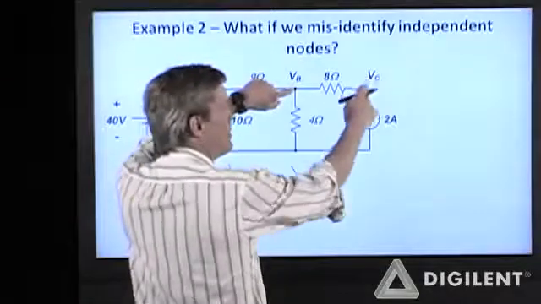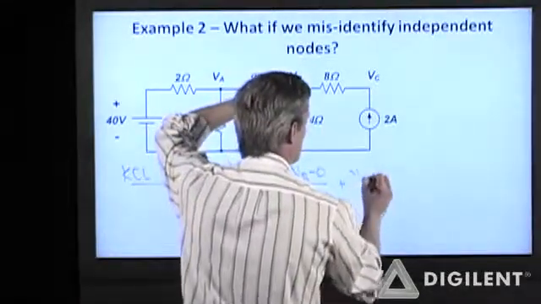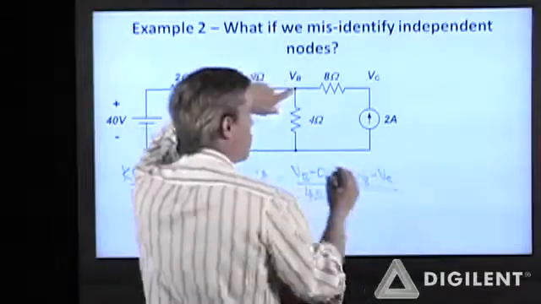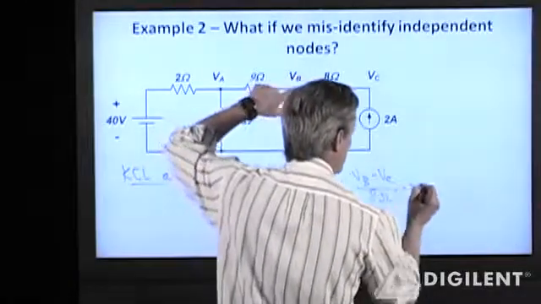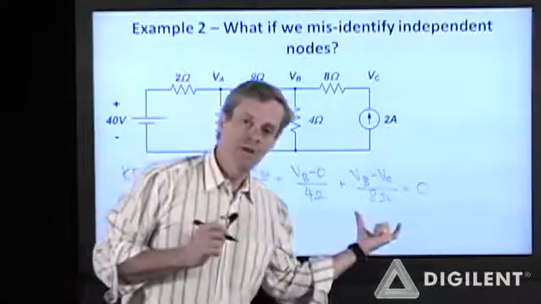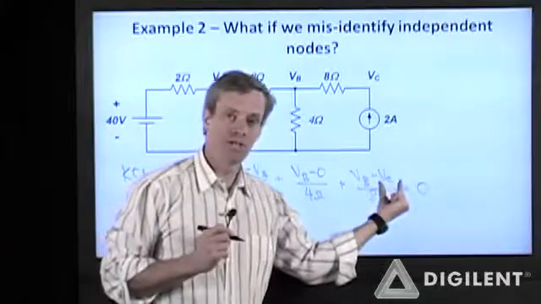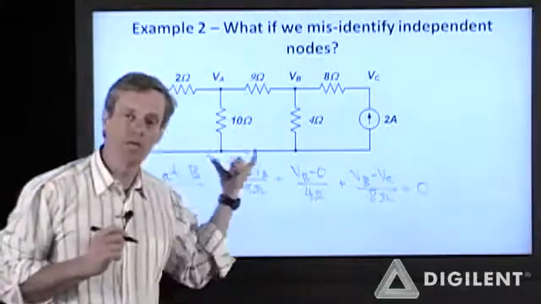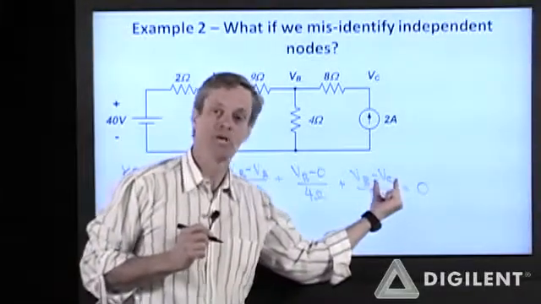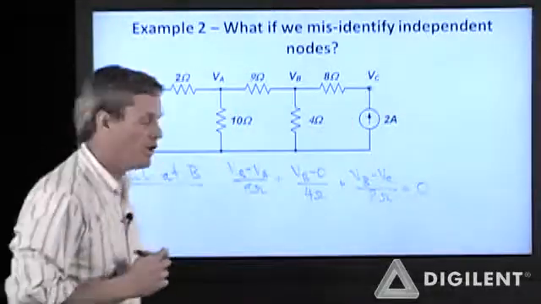Now here, our current is V sub B minus V sub C over 8 ohms. That all sums up to 0. So we've written another equation that's comparable to the first one we did, except that we left an additional unknown. We now have two equations, but we have three unknowns. We have to write KCL at our node C.